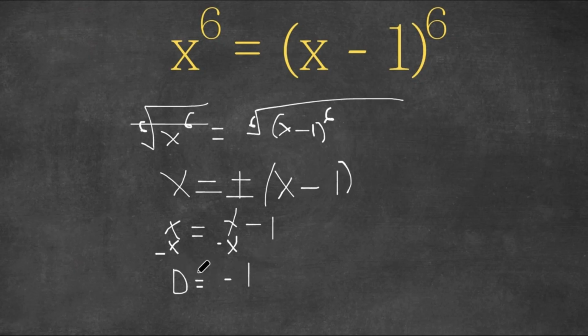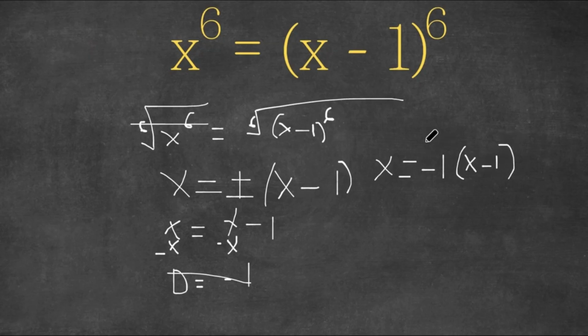And this is actually a false equation, meaning this wouldn't work. x can't equal x minus 1. So we can't use the positive version. So now let's try the negative version. Let's do x equals negative 1 times x minus 1, which is the same thing as just negative x minus 1.